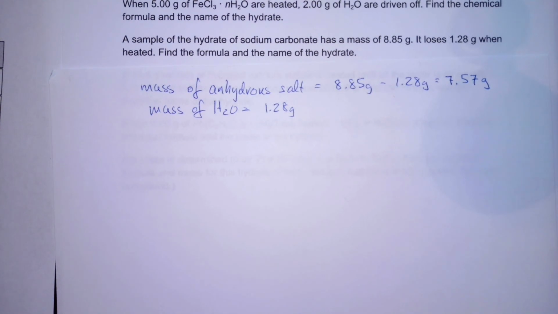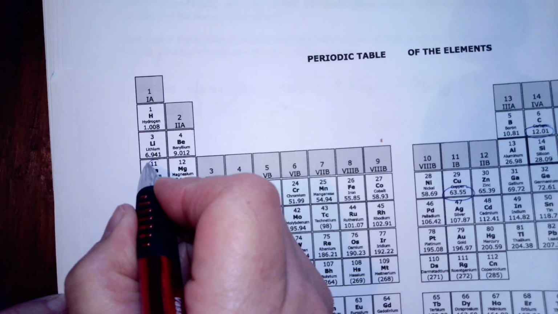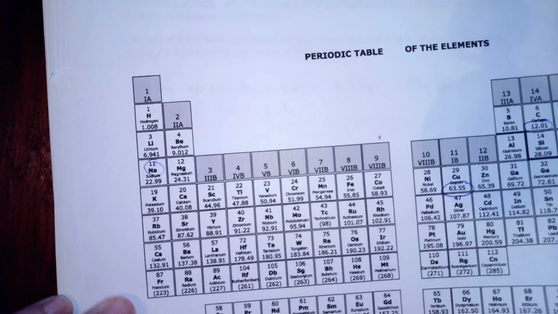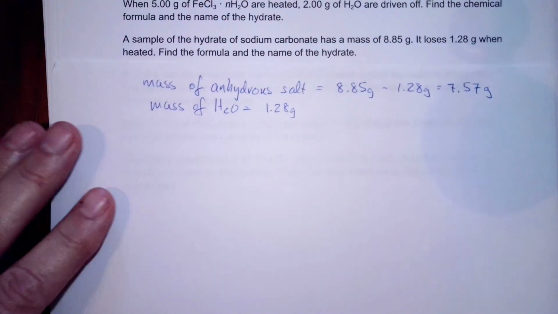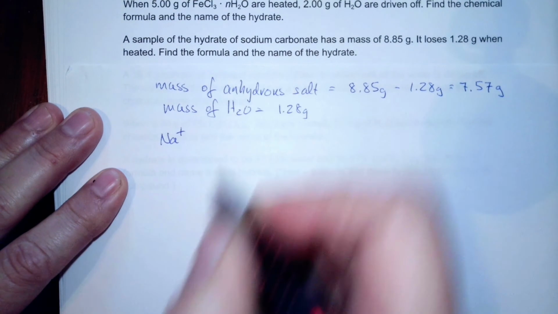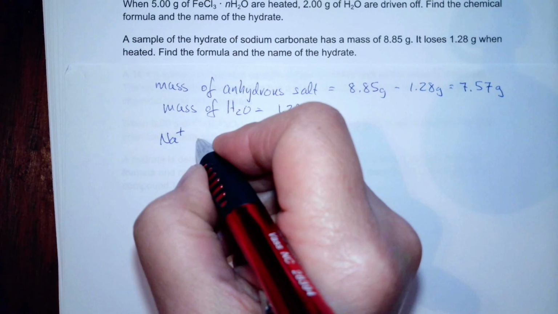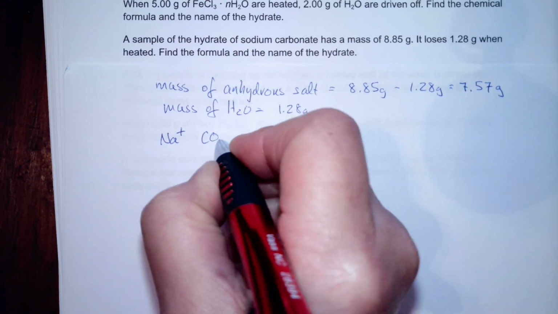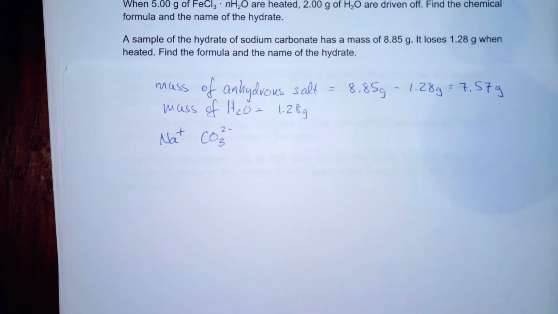Well, we have to go back and think about the ions. So if we look at our periodic table, sodium is here in group 1. So sodium is going to form a +1 ion. And carbonate, if we look on the table of ions, which I don't have in front of me, but I happen to know it, has the formula CO3 with a charge of 2-.